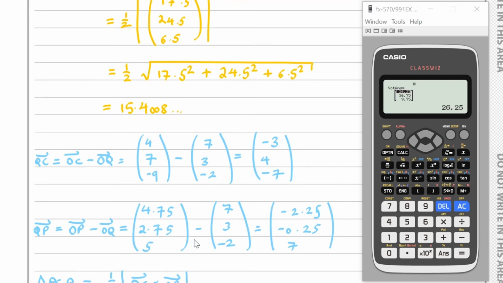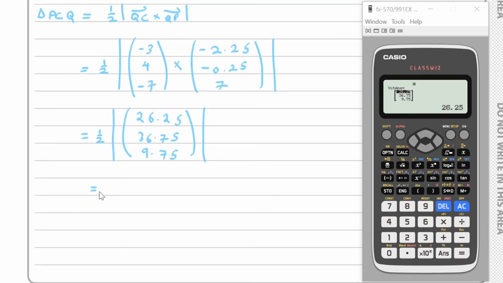So we need to find the magnitude of this. So we have 1/2 times the square root of 26.25 squared plus 36.75 squared plus 9.75 squared.